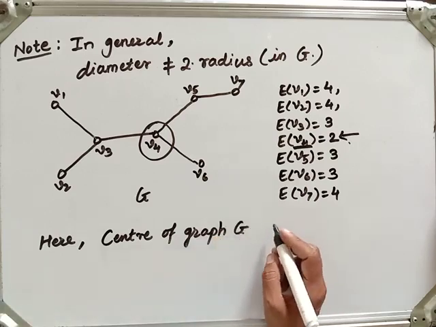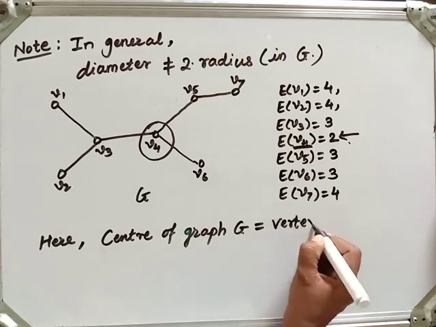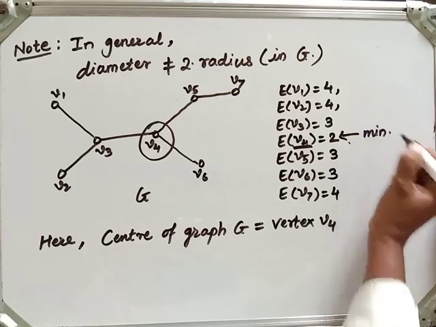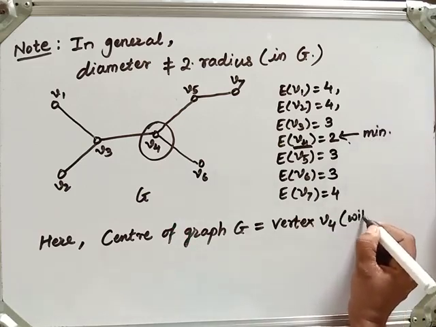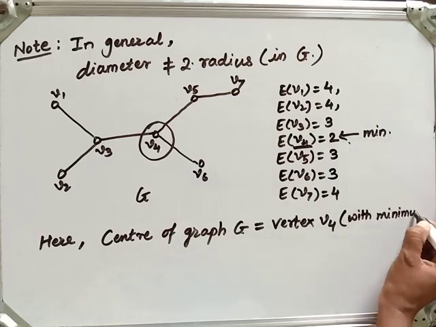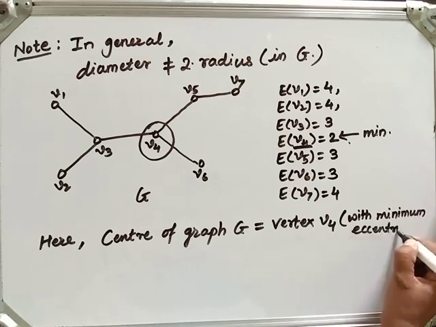Center of graph G is what? Vertex V4. Why? Because it has the minimum eccentricity, right? The vertex with minimum eccentricity is this, right?